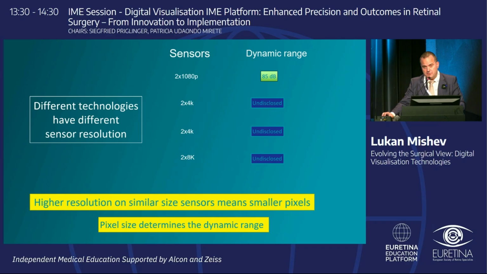If the pixel is smaller, it will have lower dynamic range and vice versa. If the pixel is large, it will have high dynamic range. So ultimately, my advice would be, if you can, test all the systems and choose the preferred image for you.